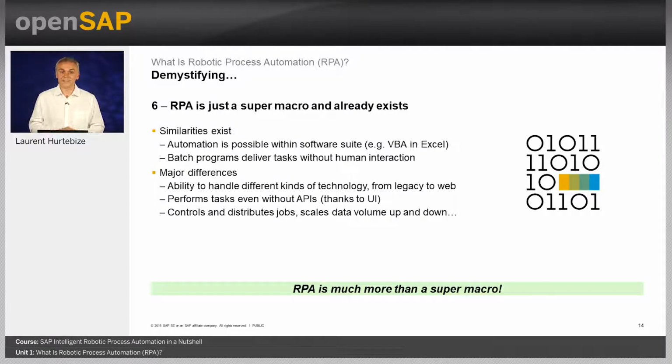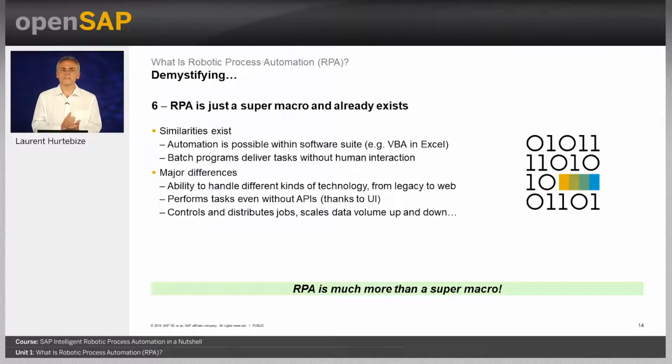Number 6, RPA is just a super macro, as it already exists. Okay, similarities exist. Even if VBA language, for example, seems tricky, it helps automation in Excel. And what about batch programs, like the old ones built by our parents and my dad? Yes. At the same time, there are differences.